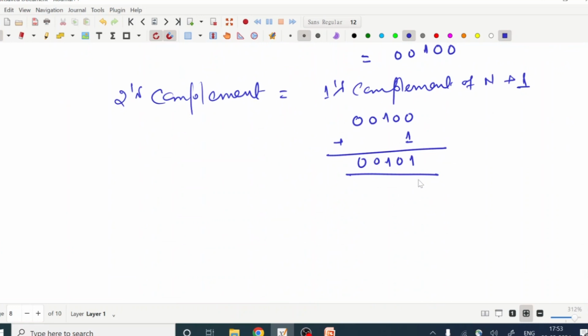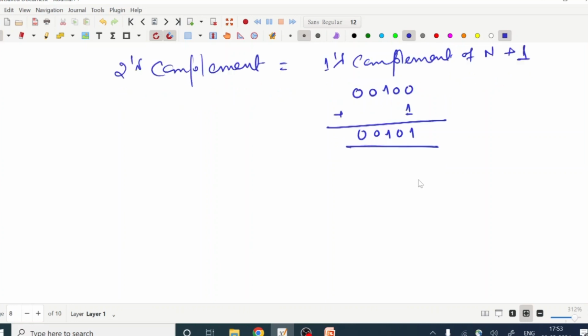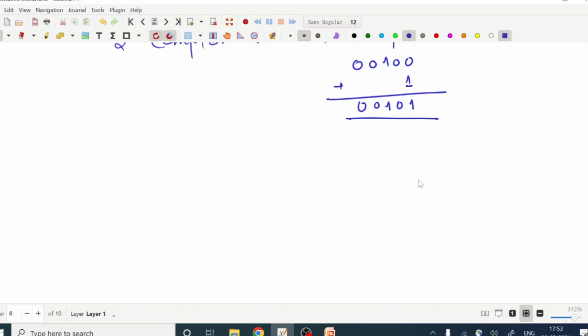Suppose the number also has some fractional portion, then how do we compute the 10's complement and 9's complement?